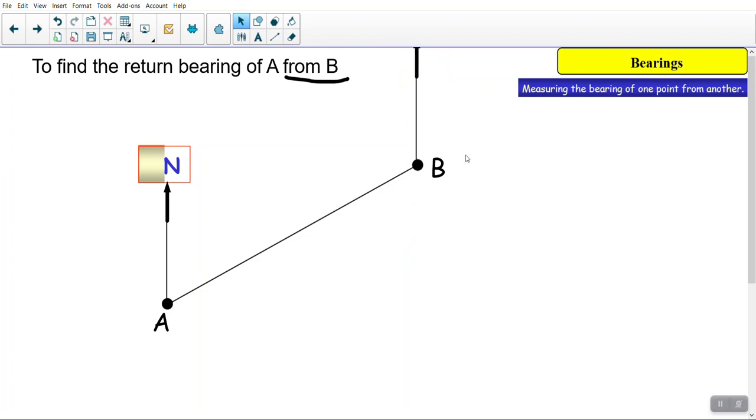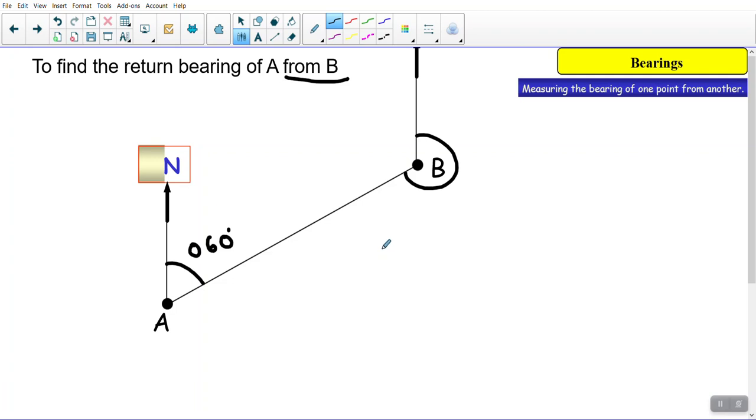What we are asked to find is the bearing of A from B. That means from the north at B, we go all the way here. This is what we are asked to find. Now, in the previous slide, we found that the bearing of B from A is 060 degrees.